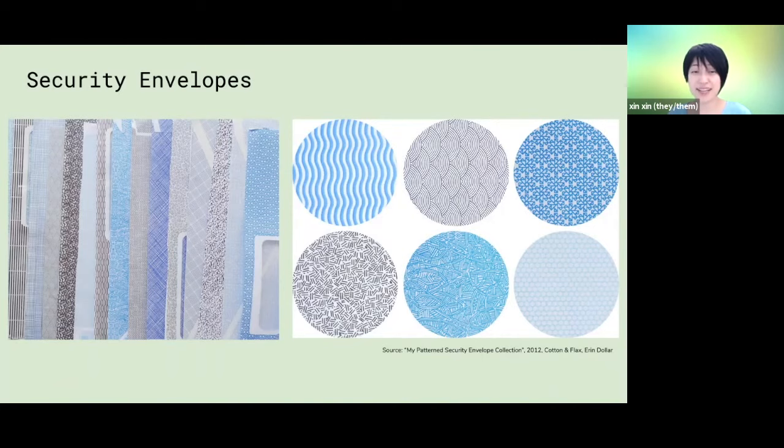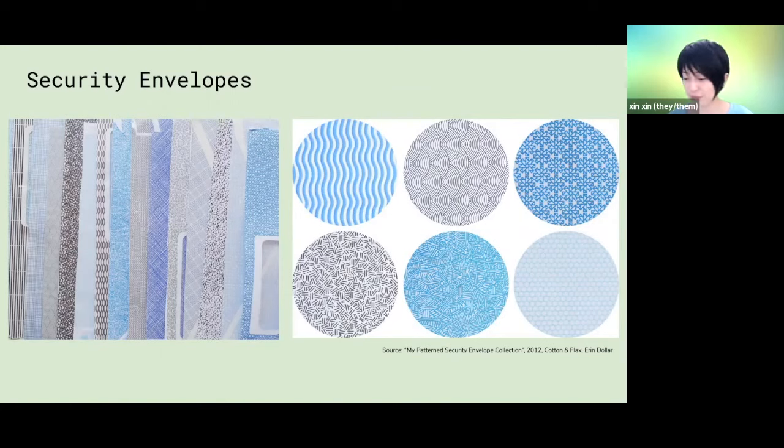Actually, there are names assigned to these patterns that are printed a lot of times on our bank envelope or insurance envelope or utility bill envelope as a way to protect sensitive information inside the envelope, right? So if one tries to use a scanner or a different technique to look through the envelope, it would be quite difficult because of the pattern overlaying the letter itself.